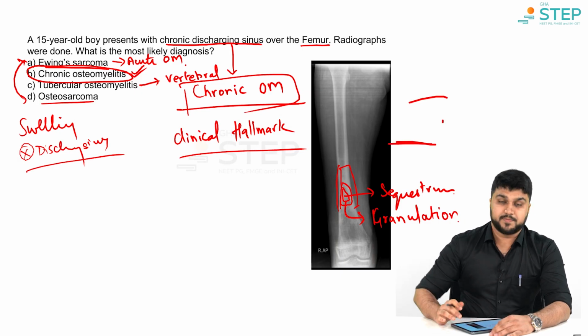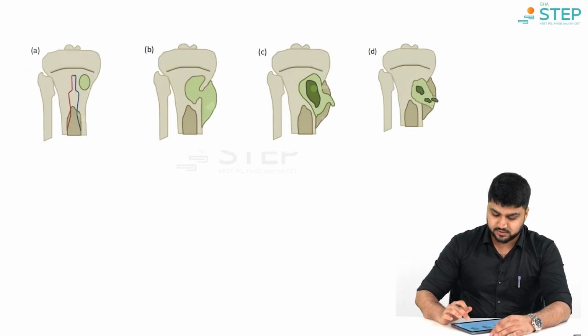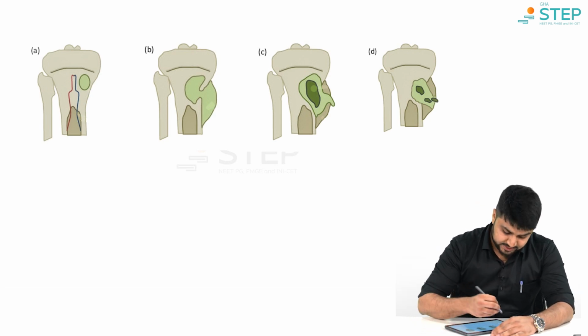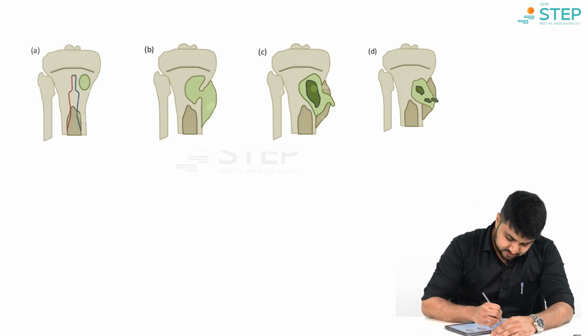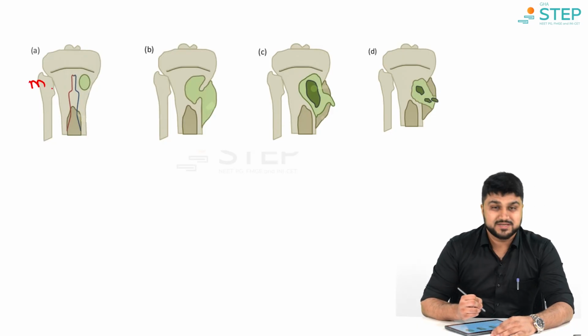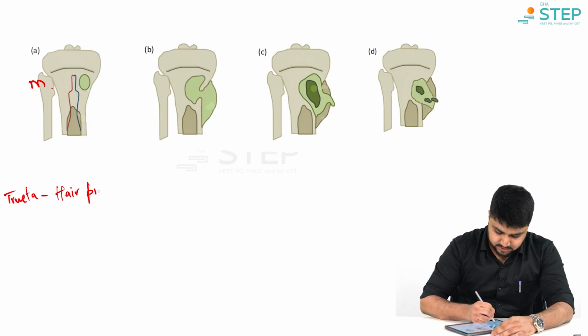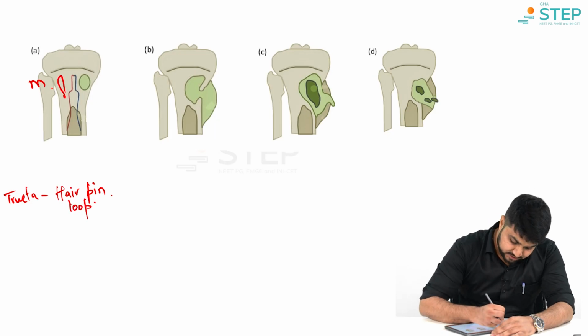Let's go through the pathophysiology of chronic osteomyelitis. So it starts off always with acute osteomyelitis, which usually affects the metaphyseal region of the bone. This metaphyseal region is affected because of two things. The first hypothesis by Trueta is that there are hairpin loops of vessels in the metaphyseal region.